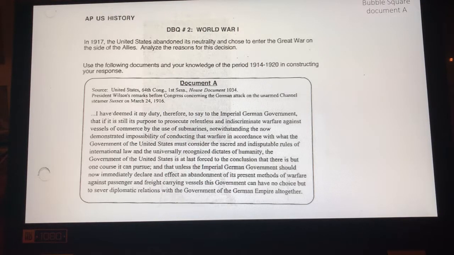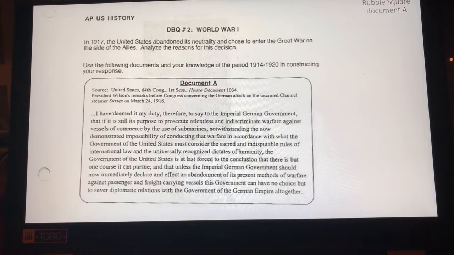This is the 64th Congress, the first session, House document. And this is Wilson's remarks made before Congress concerning the German attack on an unarmed Channel steamer, the Sussex, March 24th, 1916. So this is almost a whole year later.